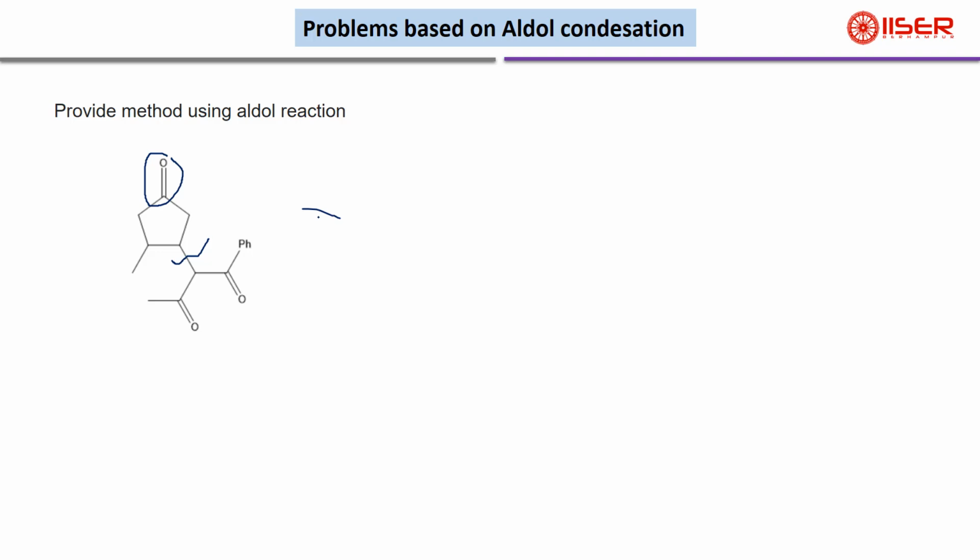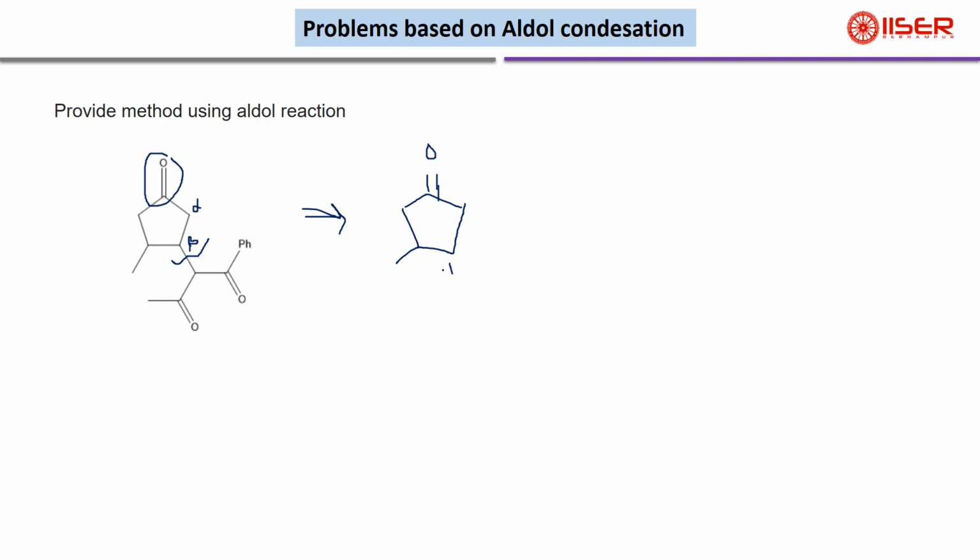now in this case the synthetic equivalent will be a bit different. As you have broken this bond, this one is not at the alpha carbon. This is the beta carbon with respect to this carbonyl. This is alpha. This is beta. So we know that positive charge at beta carbons is usually more stable than negative charge.